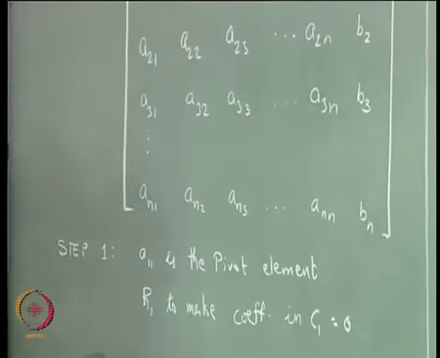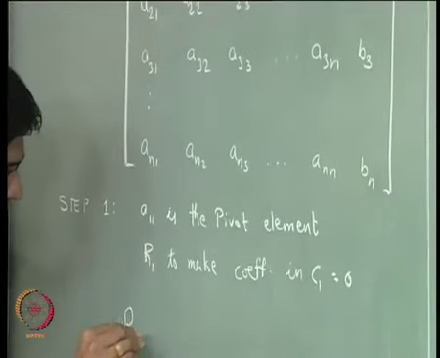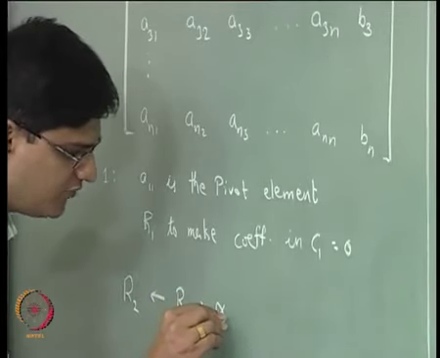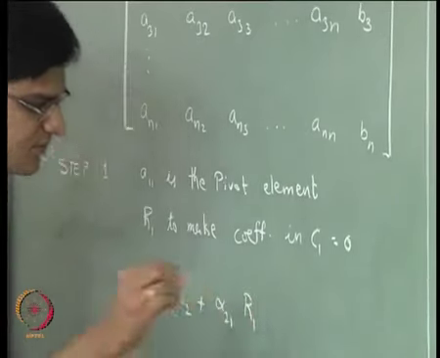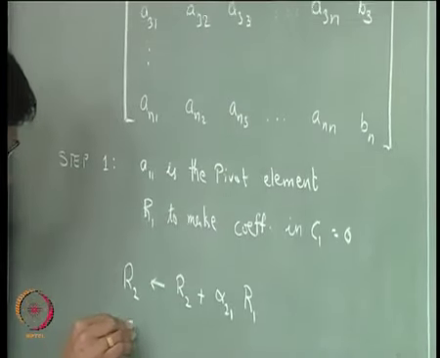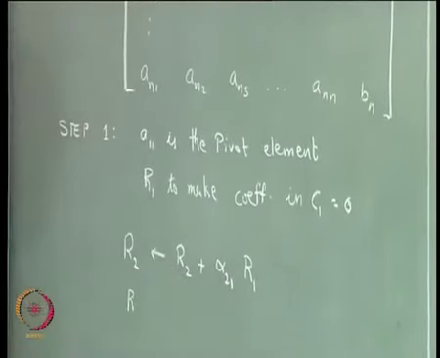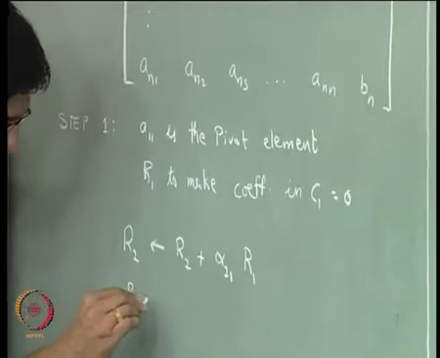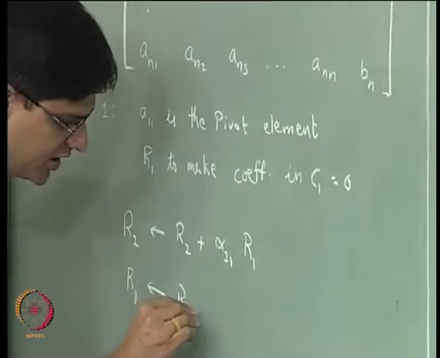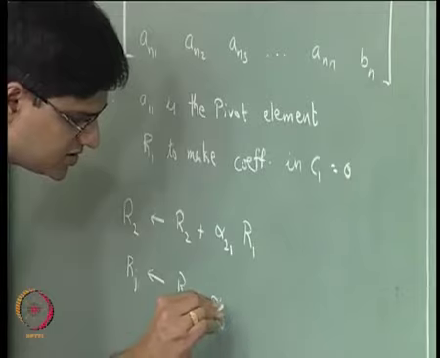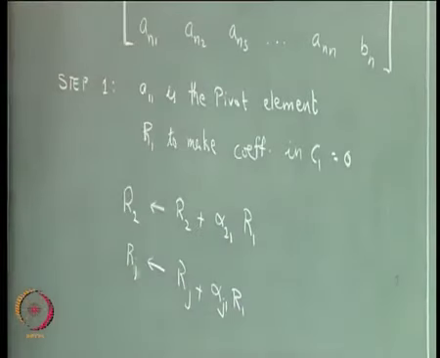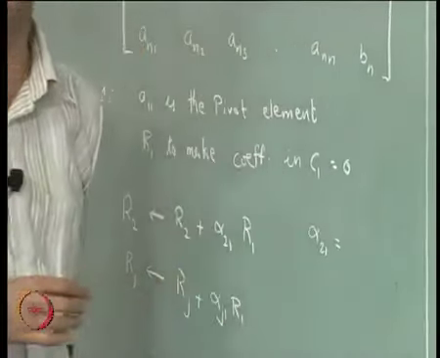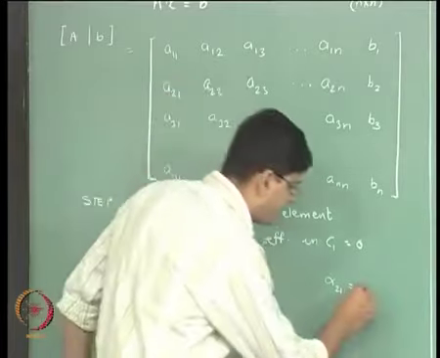We do that by replacing R2 with R2 plus alpha 21 R1, R3 with R3 plus alpha 31 R1, and so on, or in general Rj will be replaced with Rj plus alpha j1 R1, where alpha 21 is nothing but A21 divided by A11.